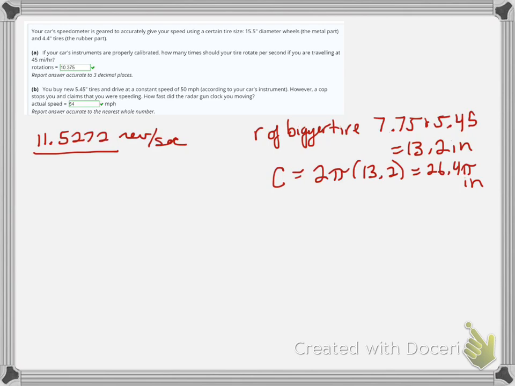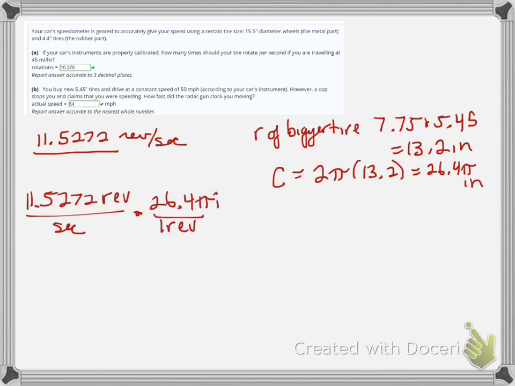So we're going to take 11.5272 revolutions per second, and we're going to do our whole dimensional unit analysis thing to get this to miles per hour. One revolution is the same as 26.4 pi inches, which we just figured out. That was the circumference of the tire.